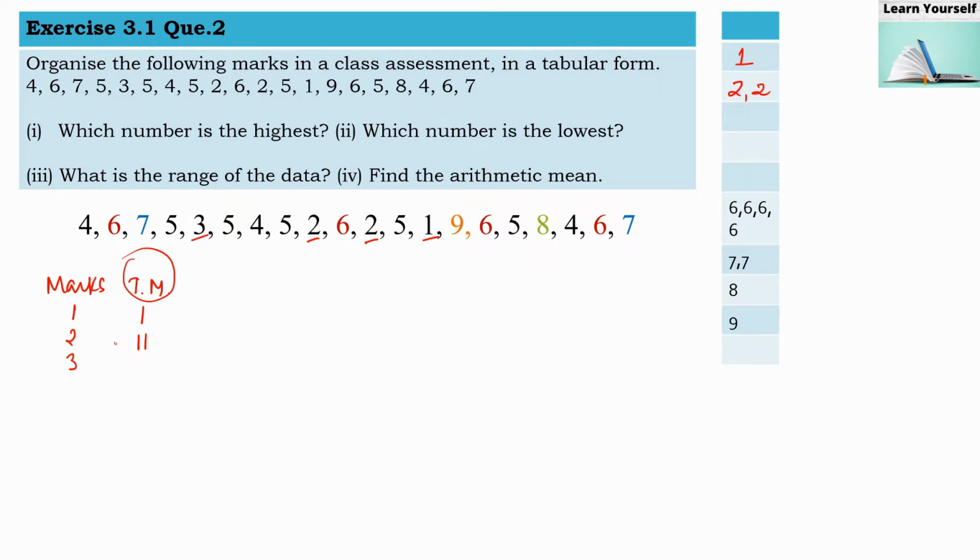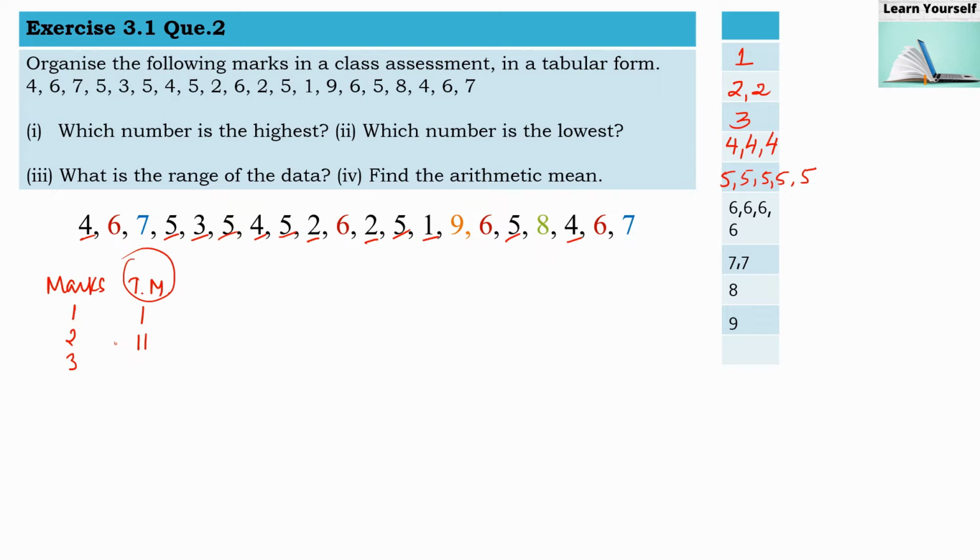Number 3, 1. Okay. So number 3 is coming 1 time. Number 4, 1, 2, 3, 4. So number 4 is appearing 4 times over here. Then number 5, 1, 2, 3, 4, 5. Number 5 is appearing 5 times here.